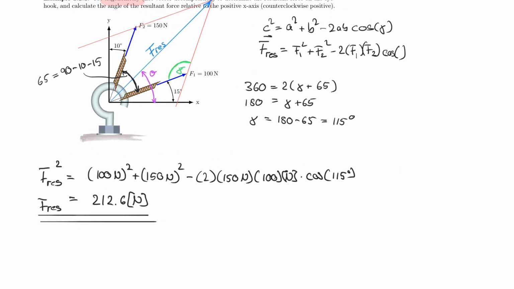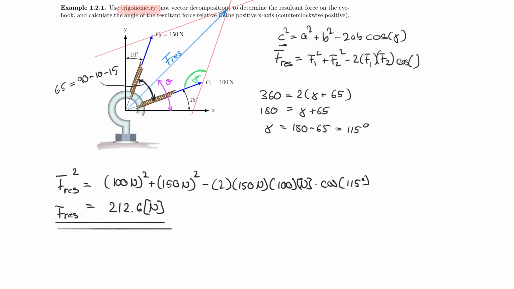So the resultant force angle is really that purple theta there that I marked for you, this angle here. And now I will find that by using the sine law to identify this angle inside and then add the 15 to it. And there's one trap that students often fall into.